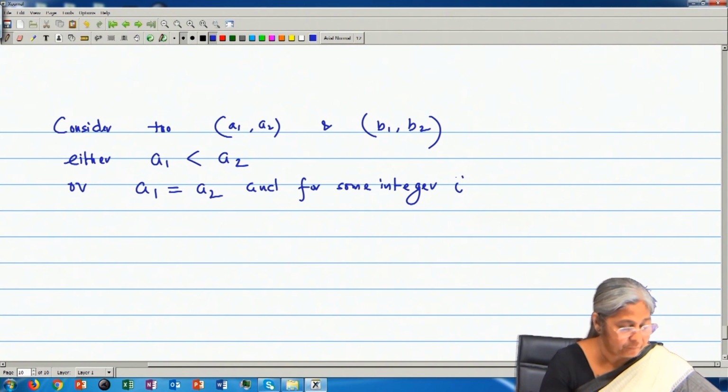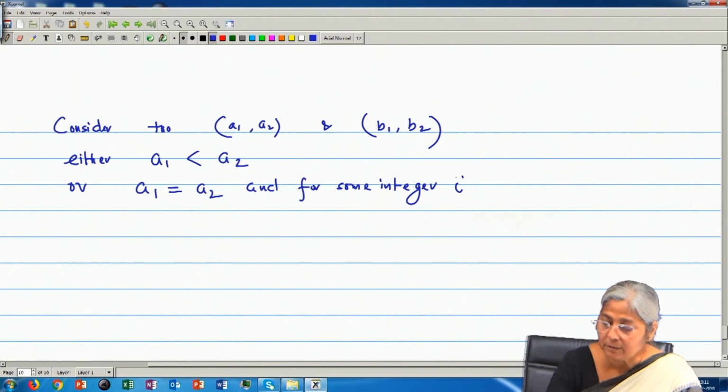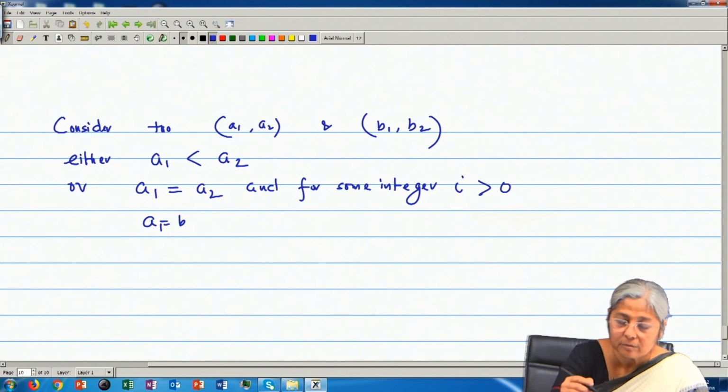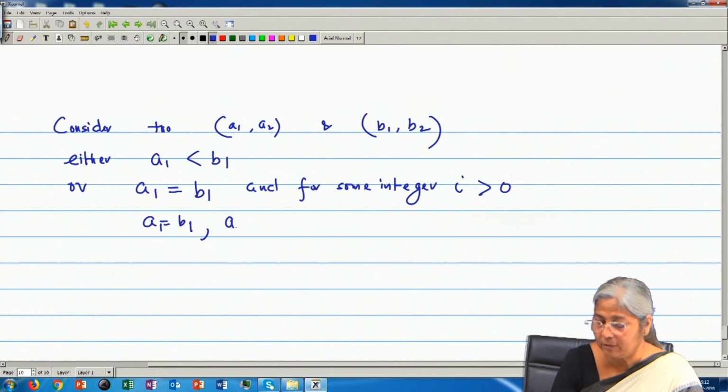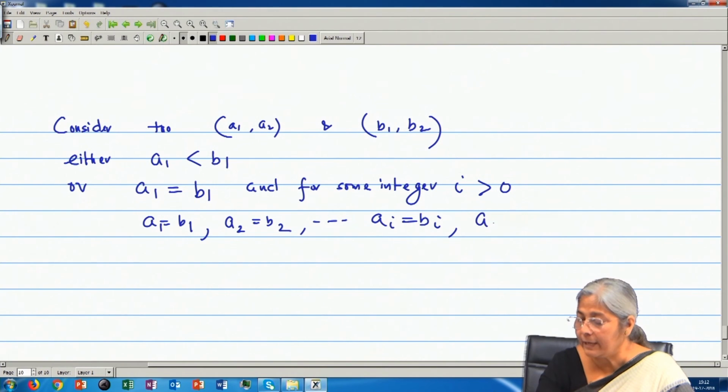So, this is A1 less than B1, or if A1 equal to B1 and so on, for some integer I greater than 0, A1 equal to B1, A2 equal to B2, like AI equal to BI, then the next AI plus 1 is less than BI plus 1.